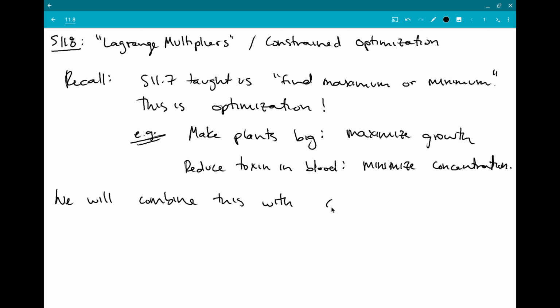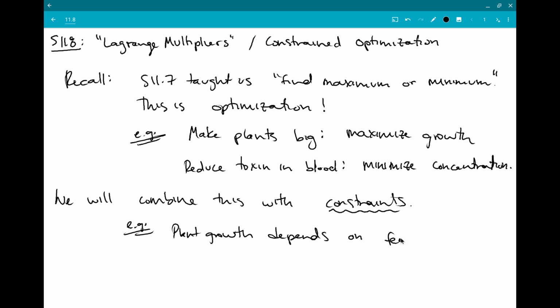And what we're going to do is we're going to combine this with constraints. And the reason why constraints are important is because in real life, you don't just have some function that you're trying to make really big or really small. You have a whole bunch of real things that go into that. So thinking about those two examples, if I want to make plants big, maybe my plant growth depends on fertilizer.